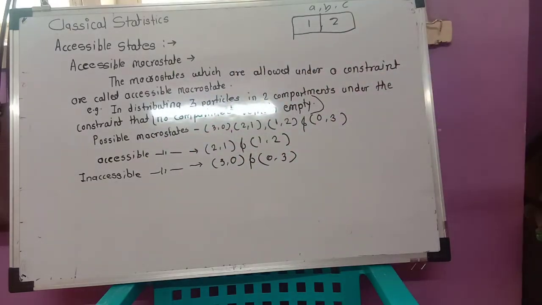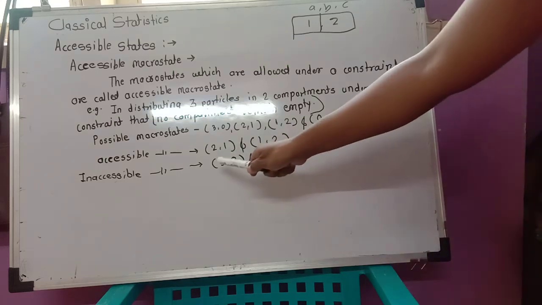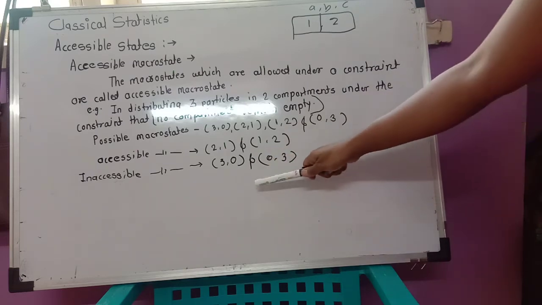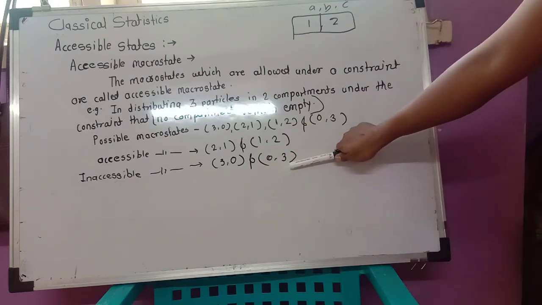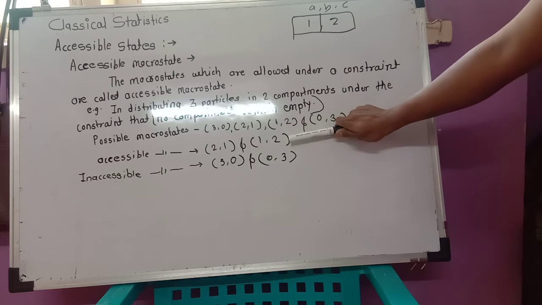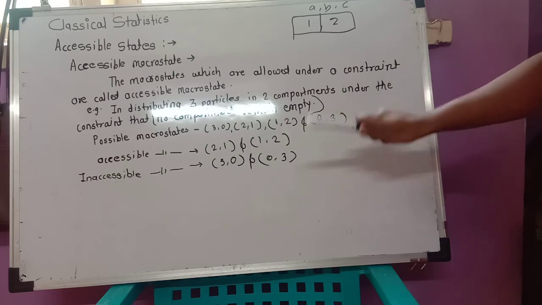And what is an inaccessible microstate? The microstates which are not allowed under a constraint are called inaccessible microstates. And which are those? The 3 0 and 0 3 are not allowed states, and accessible microstates means allowed states under a certain constraint.